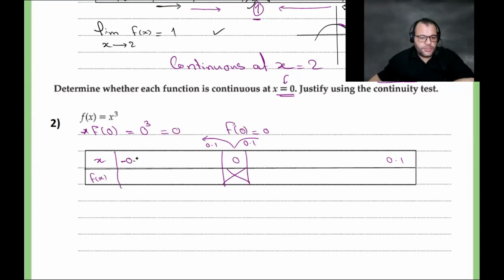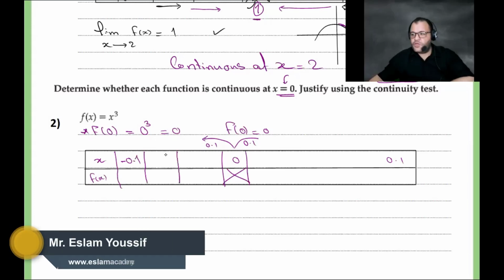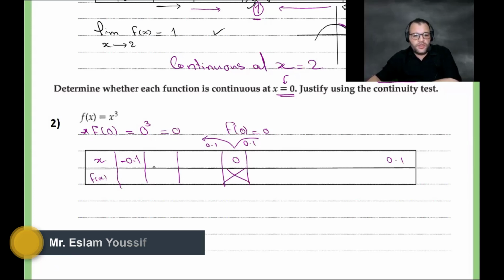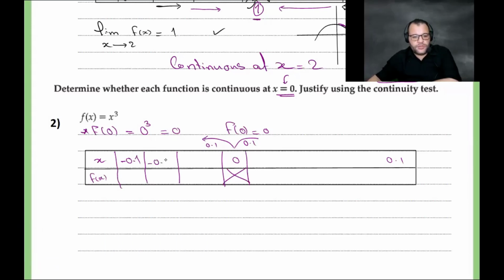So what is the closest value for this one? You need to be close to 0. Negative 0.001. And from the right side, we need to be close to 0, so it will be 0.001.